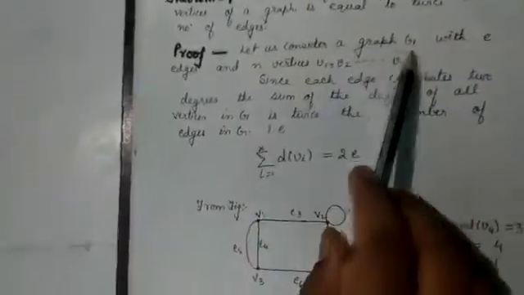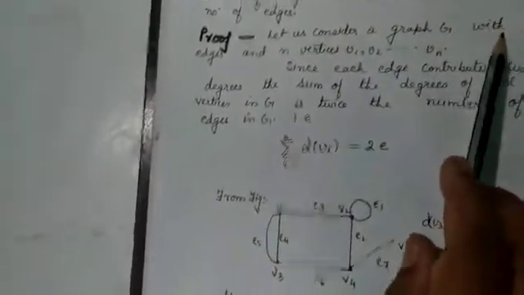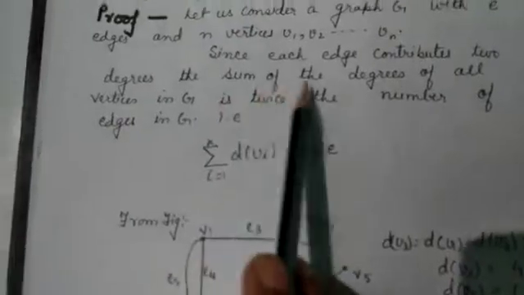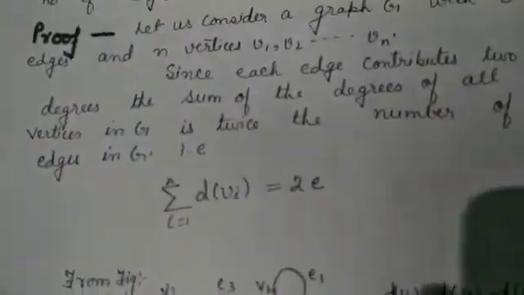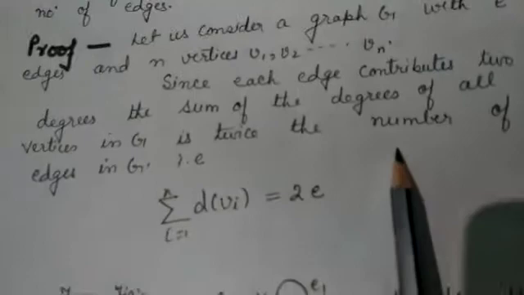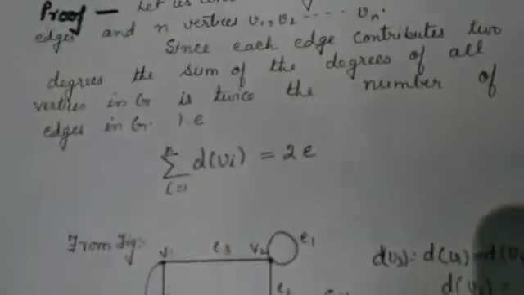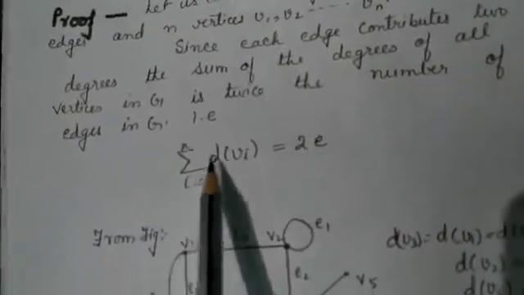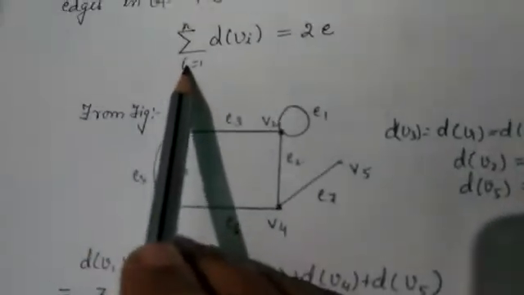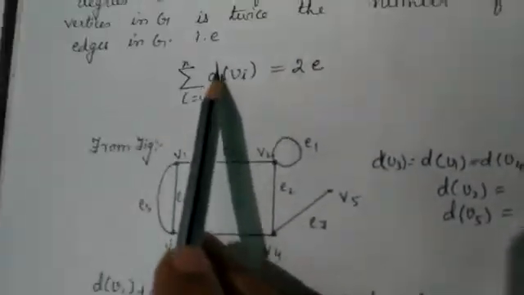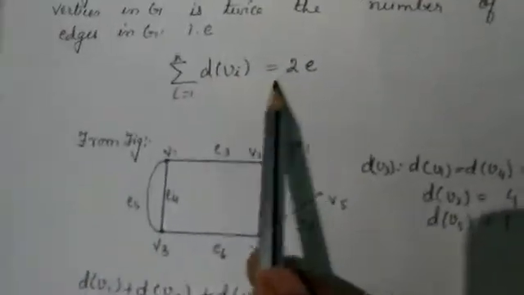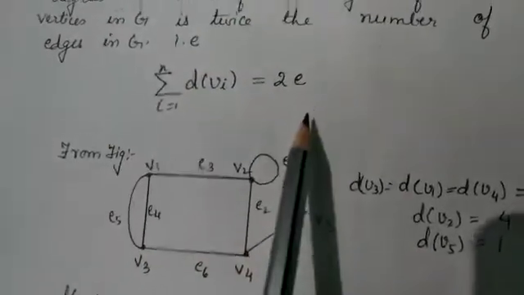We consider a graph G with E edges and N vertices. Let those vertices be V1, V2, up to Vn. Since each edge contributes 2 degrees, the sum of degrees of all vertices in G is twice the number of edges in G. So the sum of the degrees d(vi) from i equals 1 to n is equal to twice the number of edges.